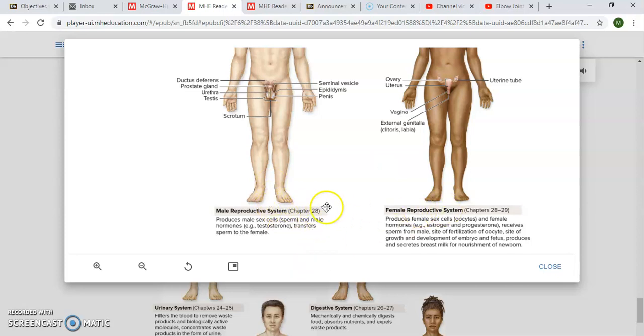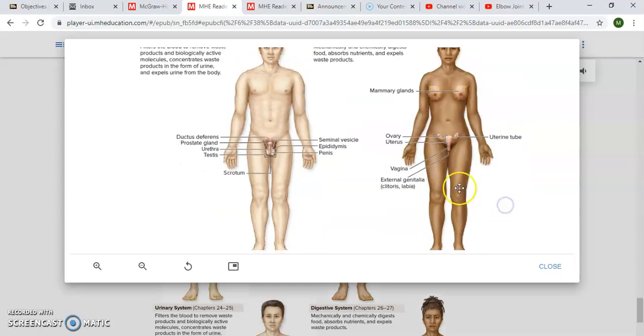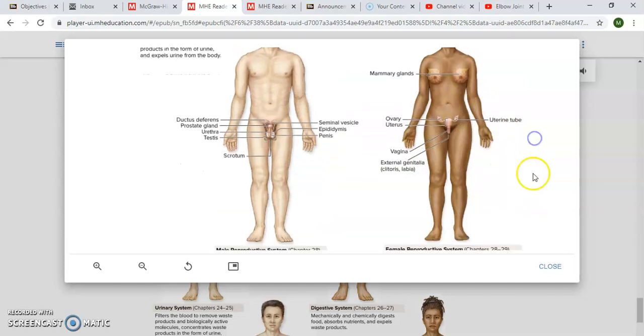And you guys probably are very familiar with what those do. So producing the sex cells and the male hormones, and then the females, of course, are a little more involved because they not only produce the sex cells and hormones, but they also have to conceive and nourish the embryo and fetus through pregnancy, and then also produce milk. So a little more role for the female in reproduction.